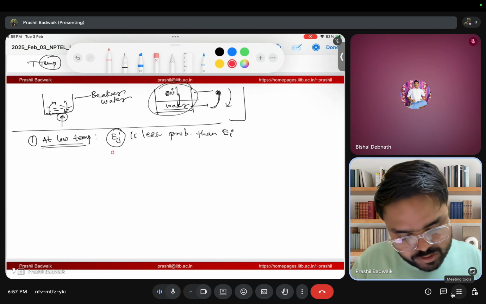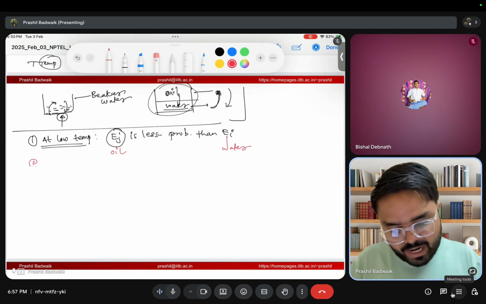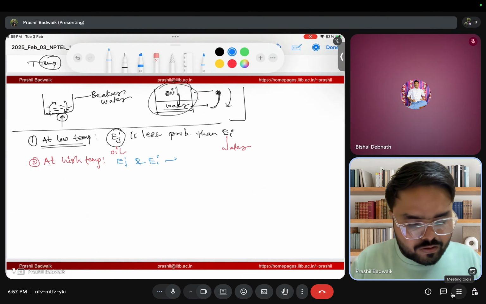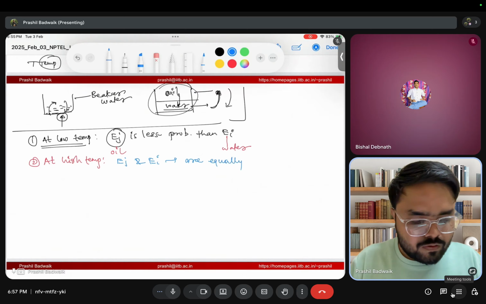So for example, this is my oil, this is my water. The exchange is not possible at low temperature. At high temperature, Ej and Ei are almost equally probable.